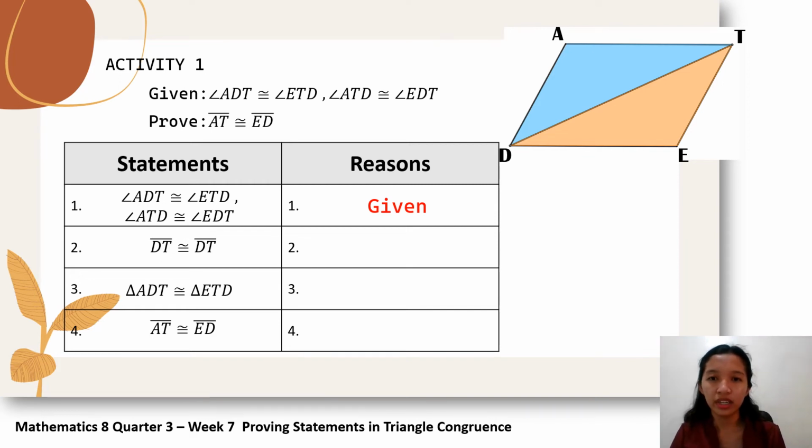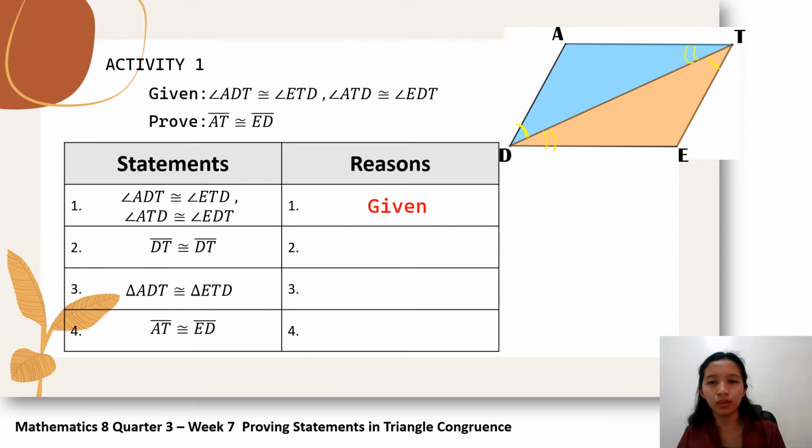So let's put the marking here on ADT, and here on ETD, where they are congruent. And for our second, we have here ATD, which is congruent to EDT. So here is our second.